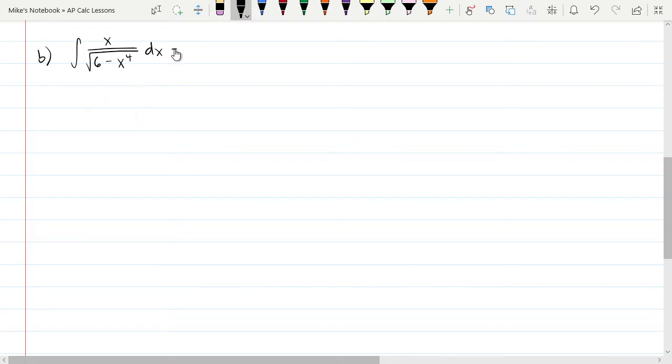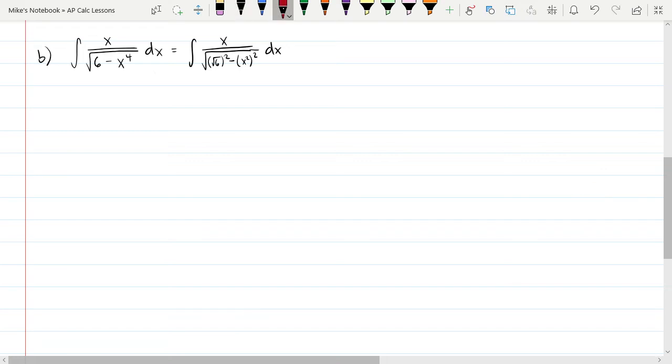So first thing again that I'm going to do is I'm going to rewrite this so that I've got x over the square root of, and remember inside the radical, I want to write this as a squared minus u squared. So 6 is really the square root of 6 squared minus, and then x to the fourth, remember, is really just x squared squared.